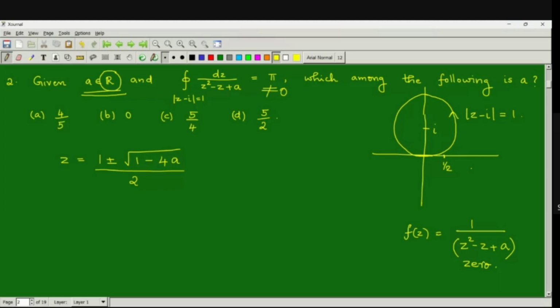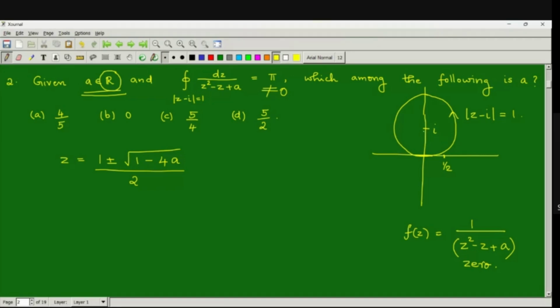Now, what is this thing? 1 by 2 plus or minus something. So if this set is entirely in the real part, then what happens? It doesn't have a zero inside that circle. Got it? But we need a zero inside that circle.